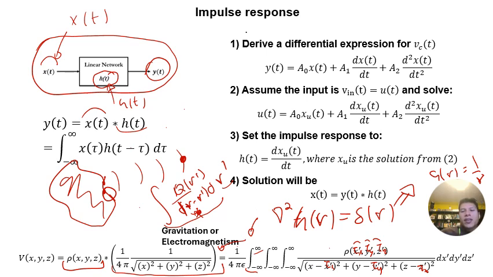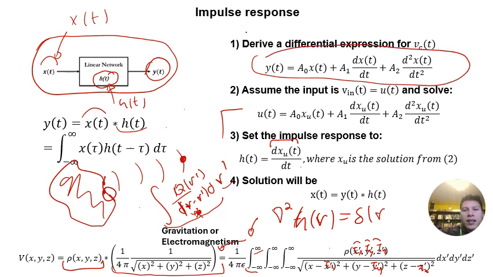Okay, so how do we determine the impulse response? There's a very simple heuristic given in the book, which uses the fact that the derivative of the unit step function is the delta function. So we take the circuit, start with our differential equation, and assume that the input is a unit step.